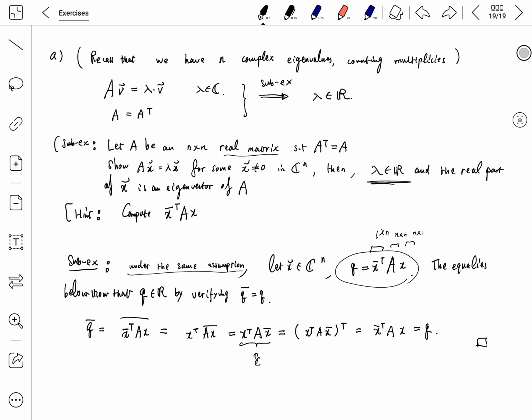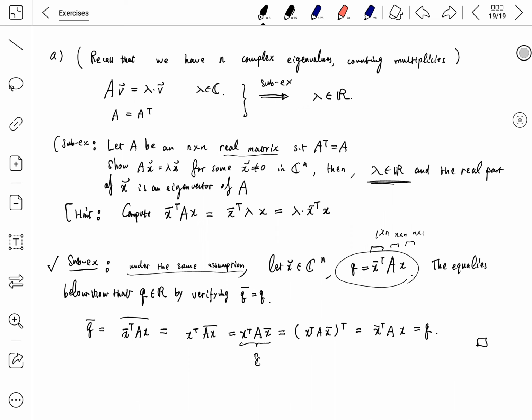Now let's come back to this sub-exercise. With this fact here, what can we say about this? This equals x bar transpose, but x is an eigenvector, and so this equals lambda x bar transpose x.